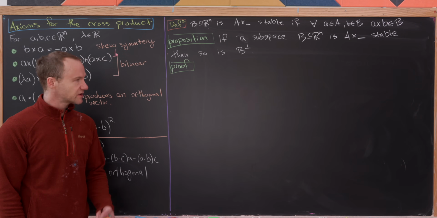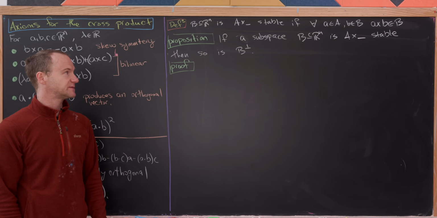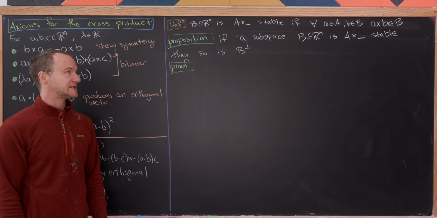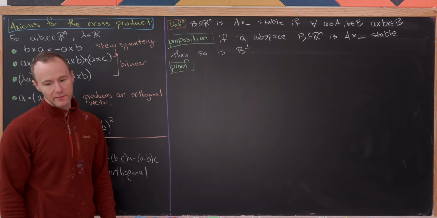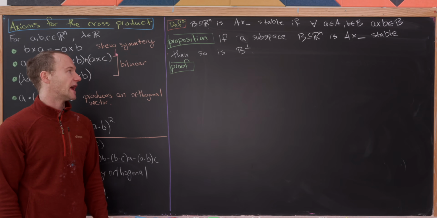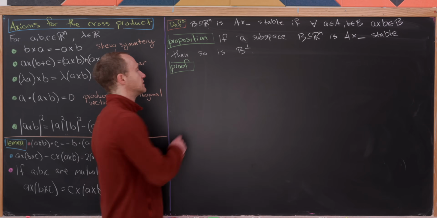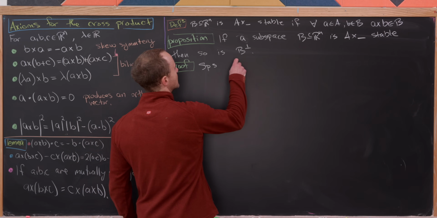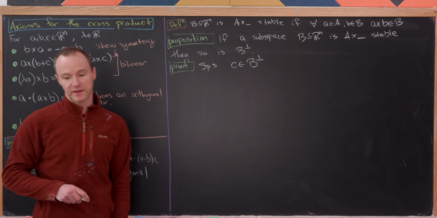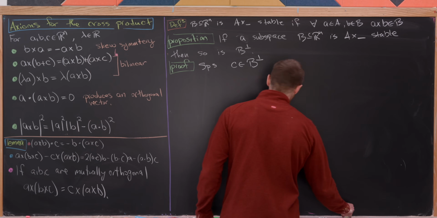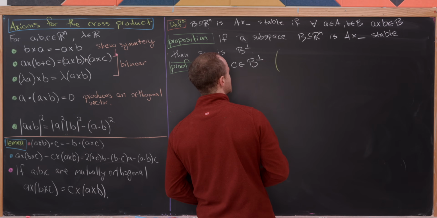Okay, so let's look at the following result. So if we have a subspace B of Rn and it's A cross stable, then the orthogonal complement of B is also A cross stable. So let's see how we can do that. So let's suppose that we've got a vector which I'll call C in B complement. But let's really quickly observe what that means.